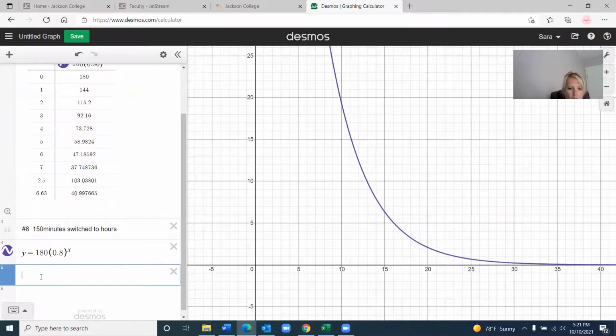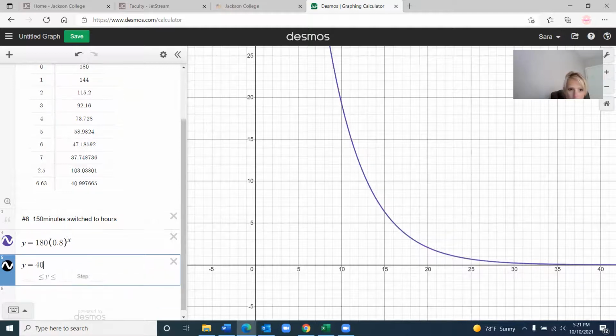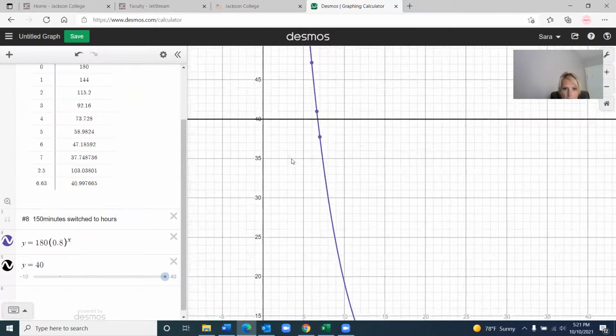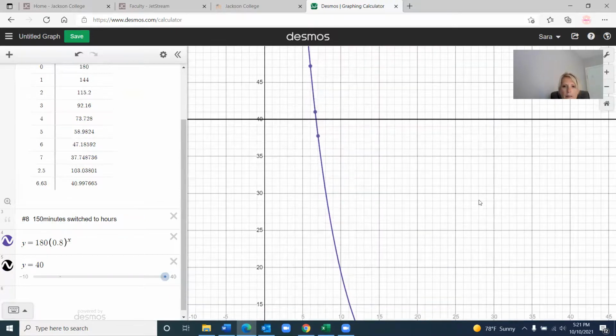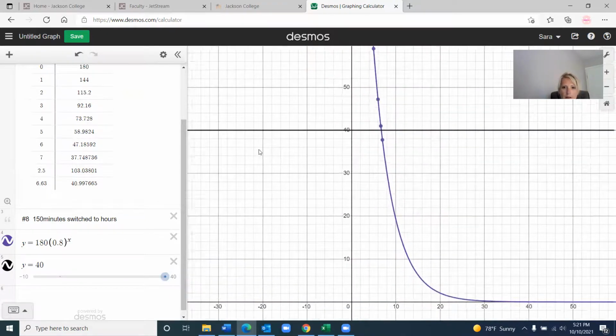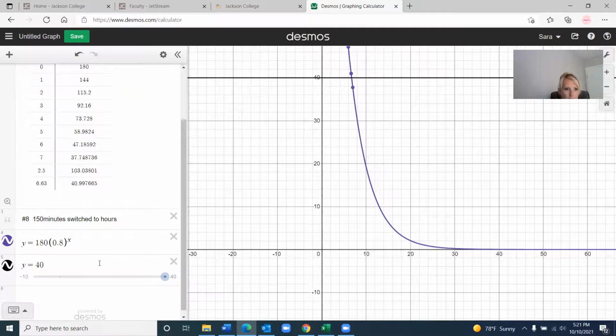We could then also say y equals 40, since we want to get down to 40. And we'd have to go up in our graph here. And when I click on it, it will make the intersection gray button up here. So I can click on that. And it's actually at 6.74 hours. 6.7 hours when using the graph.